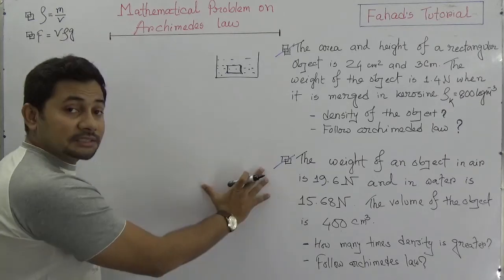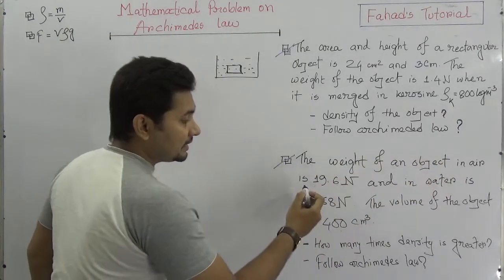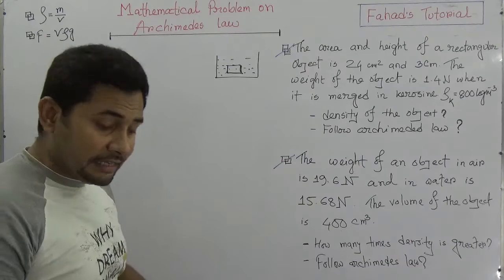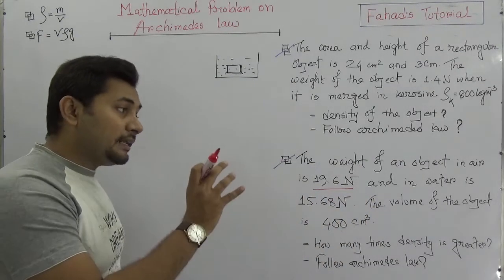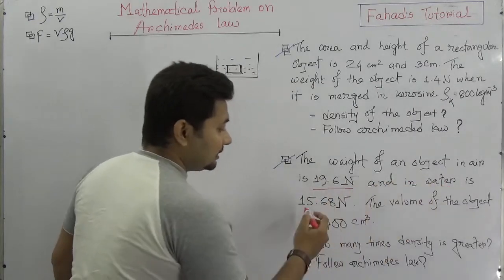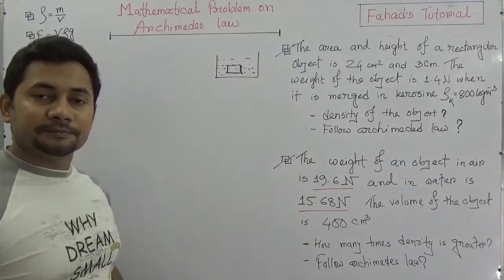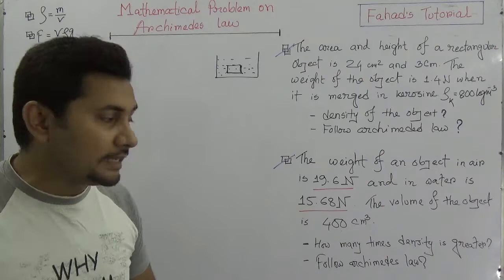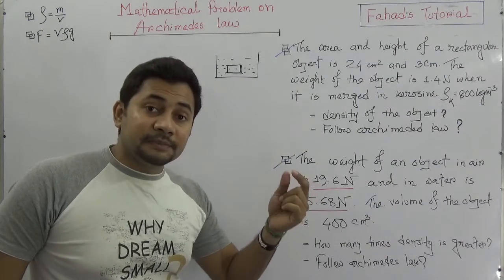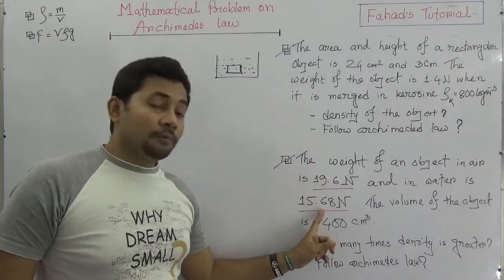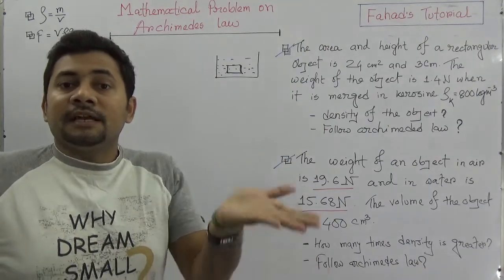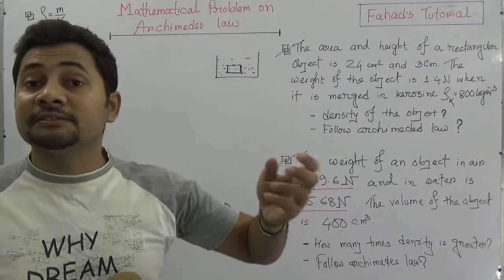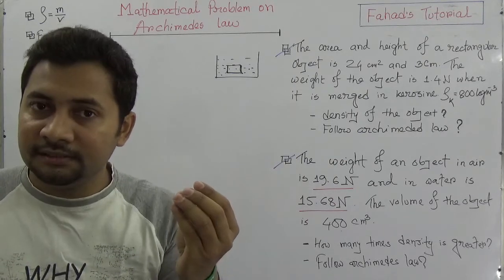Let's see what's given. The weight of an object in air is 19.6 Newton, and in water it's 15.68 Newton. So we can see that the weight of the object in air is greater than in water, because when it is submerged into the water, it will have an upthrust or buoyancy, and for that it will lose some weight.